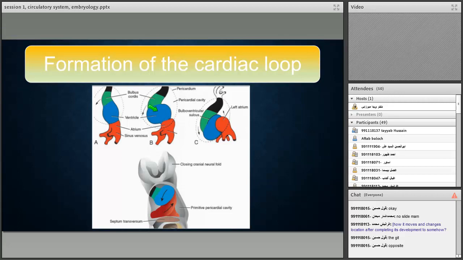The atrioventricular junction remains a narrow part and forms the atrioventricular canal.